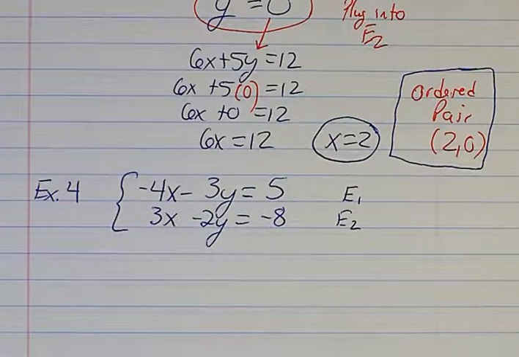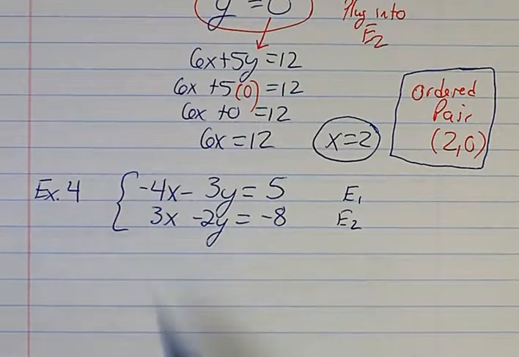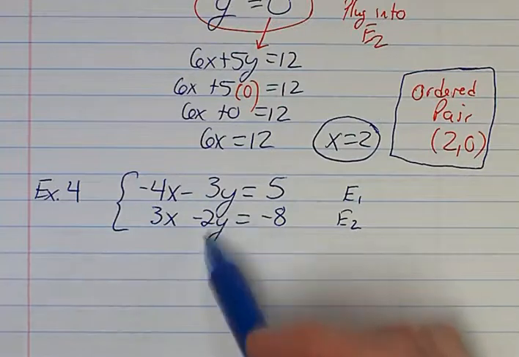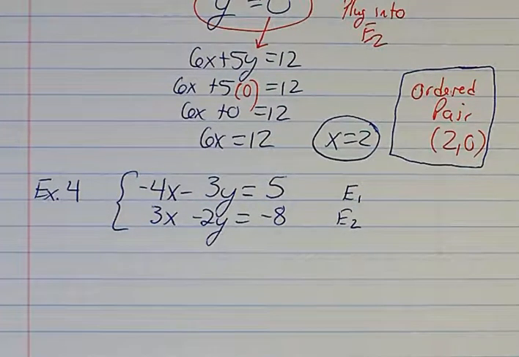Okay, now we're going to go back and ask the same question that we did on the problem before. Are 3 and 4 multiples of each other? No. Are 2 and 3 multiples of each other? No.